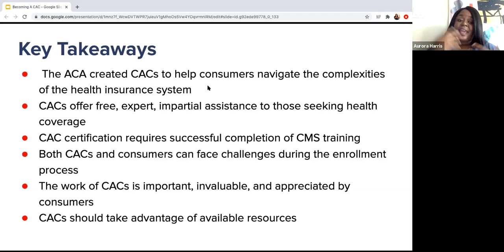Both you as a CAC and consumers face challenges during the enrollment process, but when someone qualifies, it is incredibly rewarding and just an incredible experience. Your work is really important, it's invaluable, and it's appreciated by your clients and consumers. And you should take advantage of all the available resources that Melissa and myself will be flooding your inbox with very soon.